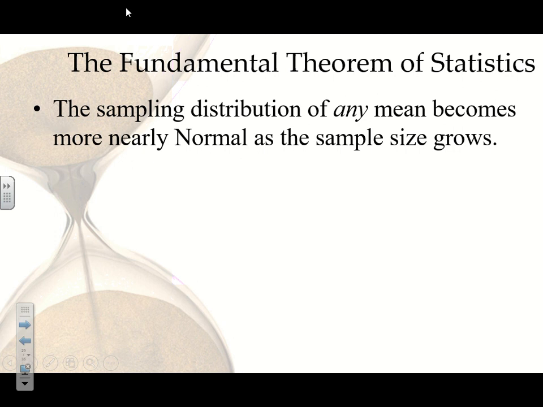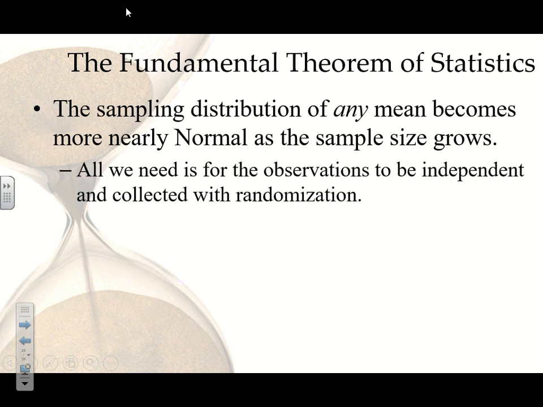It can be skewed right, skewed left. It could already be normally distributed, so it could be symmetric. But if we start taking samples over and over from our population, as the size of our samples increases, the more normal our sampling distribution will become.